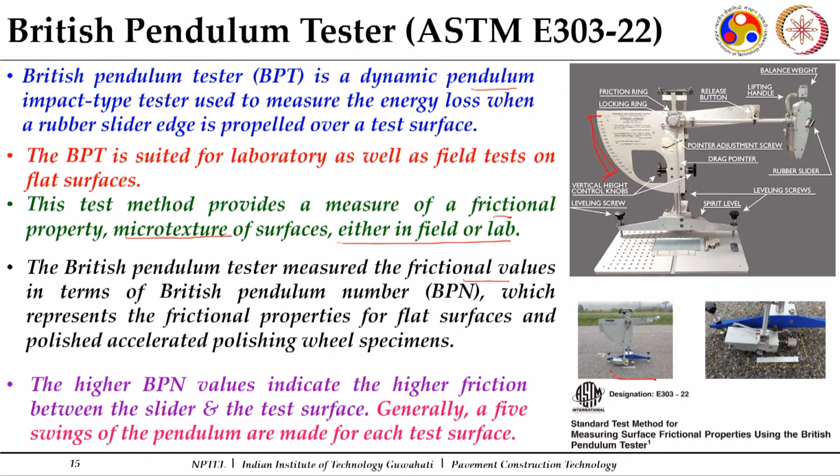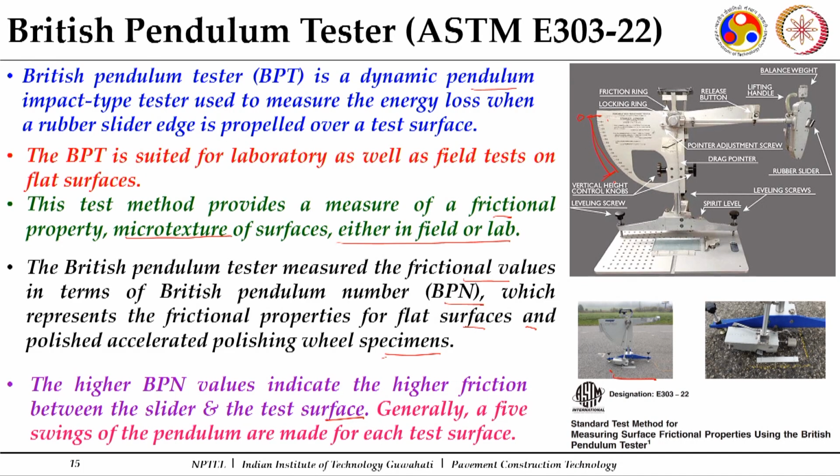The British pendulum tester measures friction values in terms of the British pendulum number, BPN, or sometimes BPT, or the polished stone value in the case of laboratory prepared samples, which represent the frictional properties for flat surfaces and accelerated polishing wheel specimens prepared in the laboratory. A higher BPN value, as I mentioned, indicates higher friction between the slider and the surface, because the pendulum will rise to a lower height and the reading starts from 0.